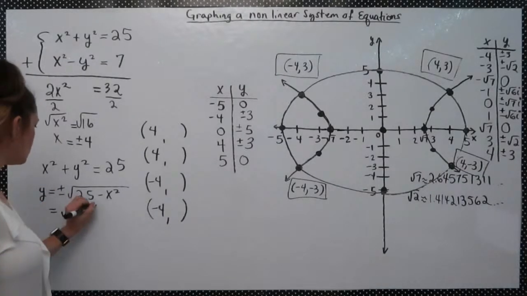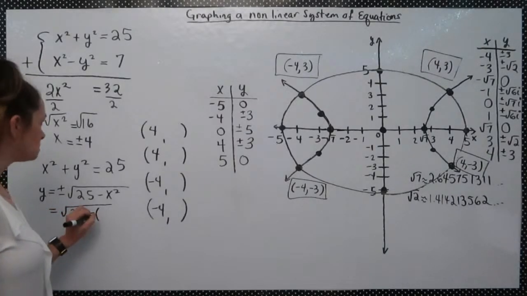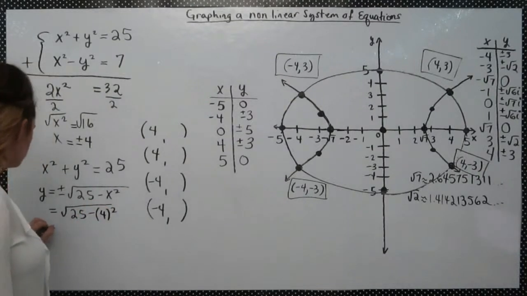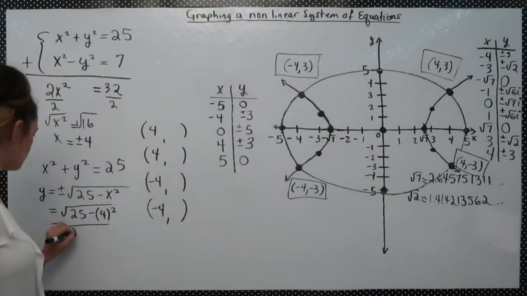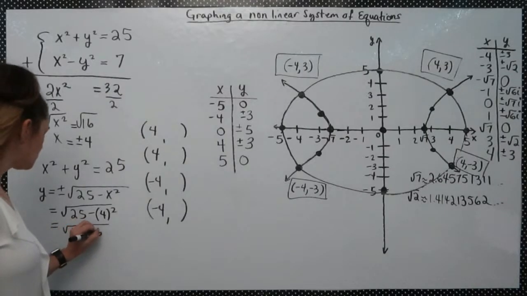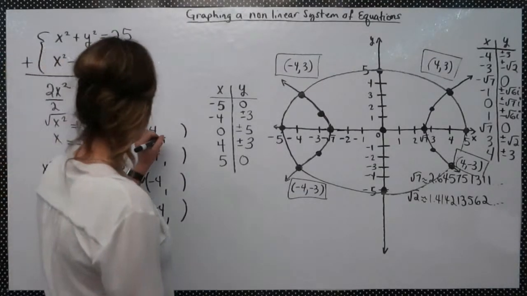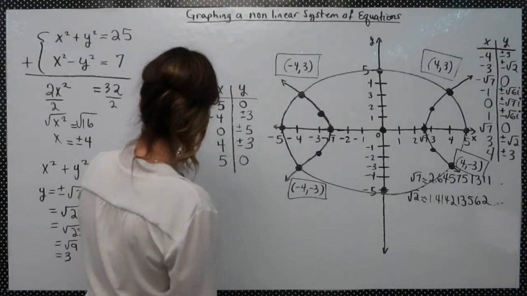So that is the radical of 25 minus 4 squared. That's going to give you 25 minus 16, which is the square root of 9, which is 3. So it's going to be plus or minus 3. So you have 3 and you have negative 3.